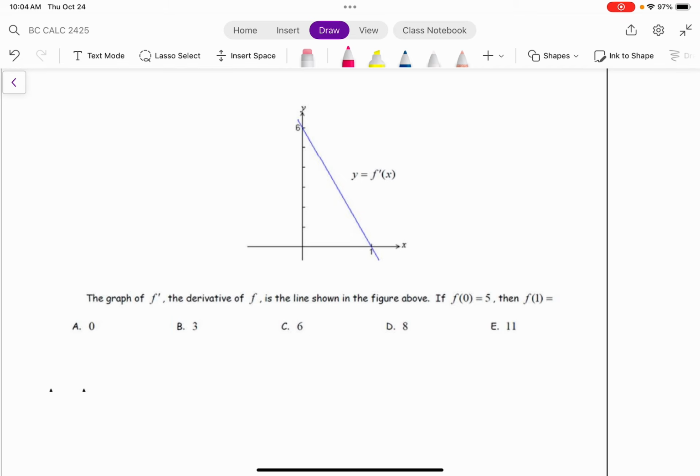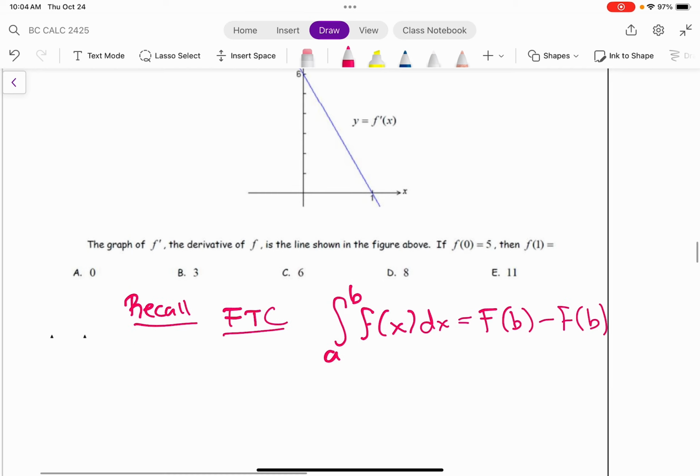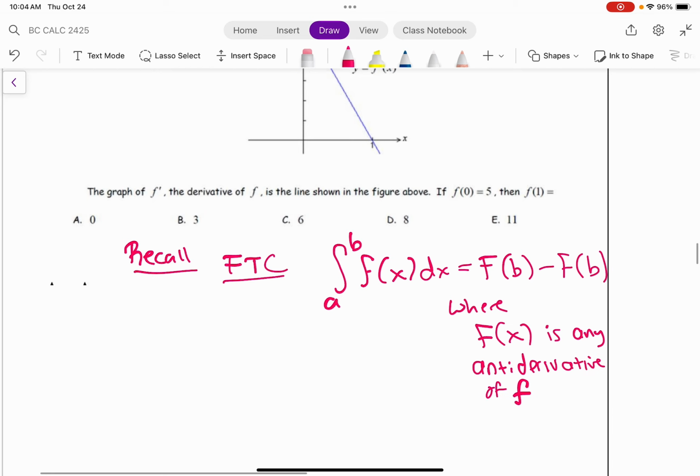One way to do this is to recall that by the fundamental theorem of calculus, an integral from a to b of a function can be evaluated by F(b) minus F(a), where the function capital F is any antiderivative of what's inside, lowercase f, the f with the tail. We can use that here.